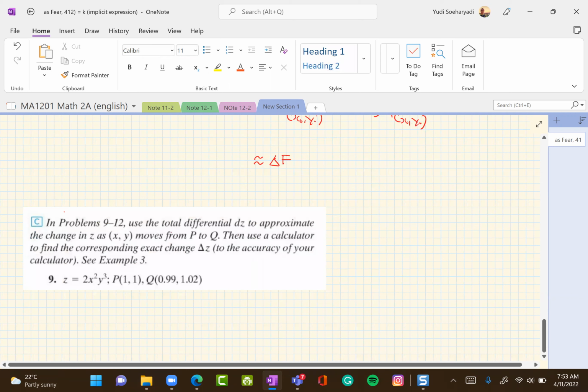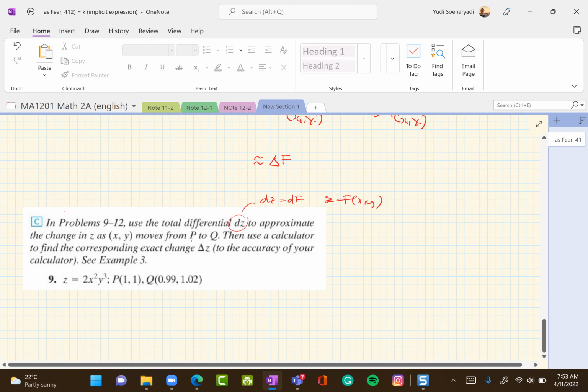We use dz, which is df, because z equals f of x, y, to approximate the change in z as (x, y) moves from P to Q.